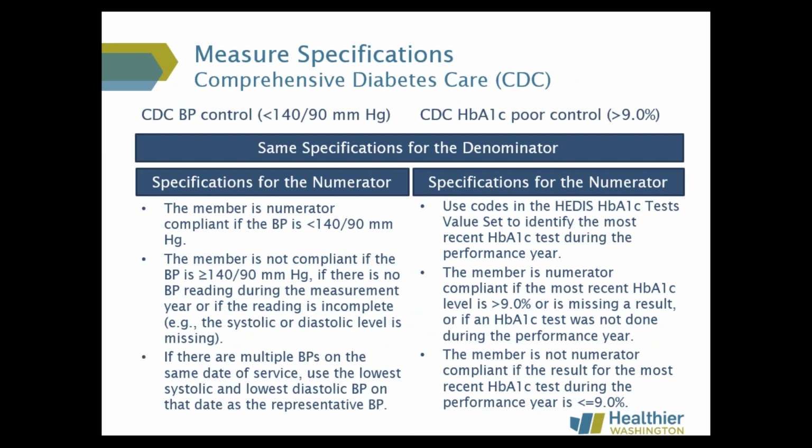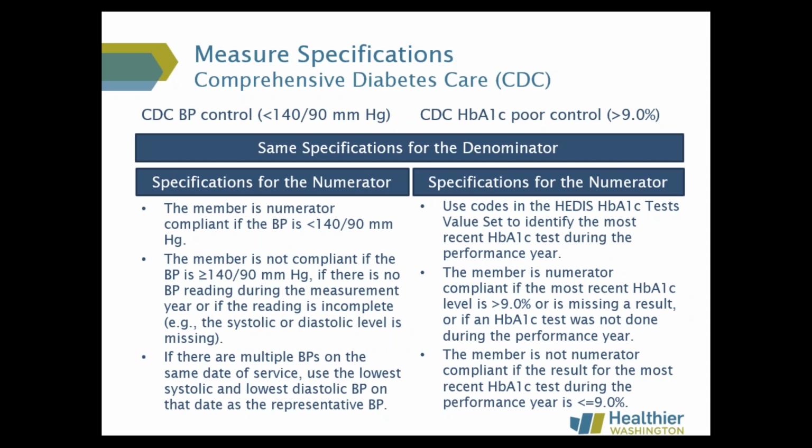So the first one I just wanted to run through is the 2 measures that are part of the comprehensive diabetes care. And this one is the blood pressure under control and the poor control of hemoglobin A1C.